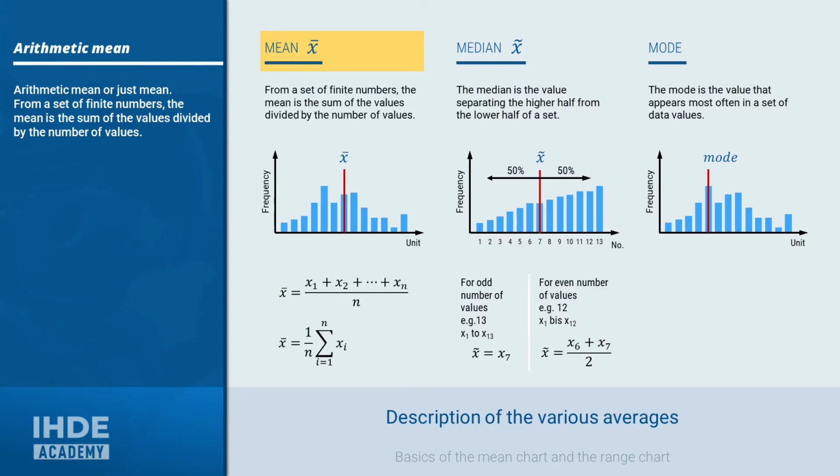There is also the median or central value. This is the value in the middle of the values ordered by size. The limits of a median chart are calculated somewhat different than those of the arithmetic mean. Finally, there is the mode. This is the most common value.